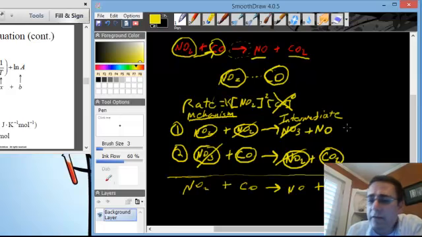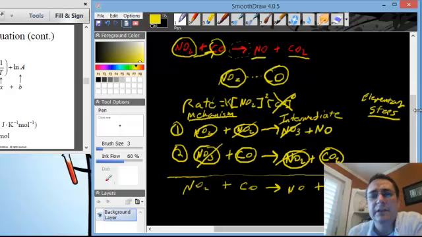But for individual elementary steps, that's what these are called, elementary steps, make sure you write that down in your notes. Each elementary step represents an individual collision event, one collision that's happening, one event that's happening simultaneously. So in each one of these, you have one particle colliding with another.